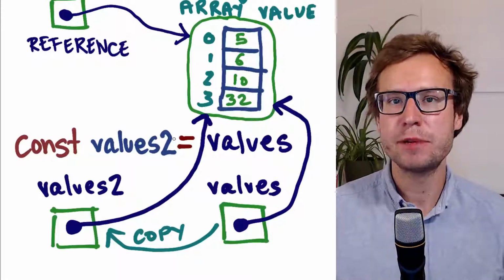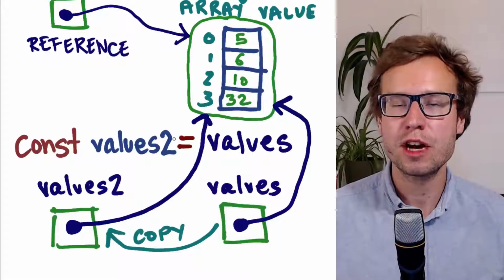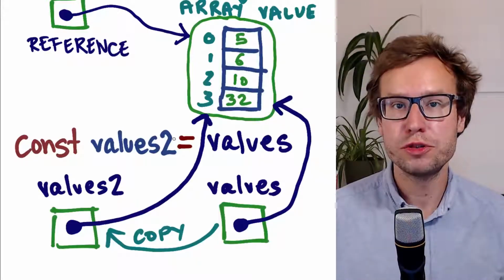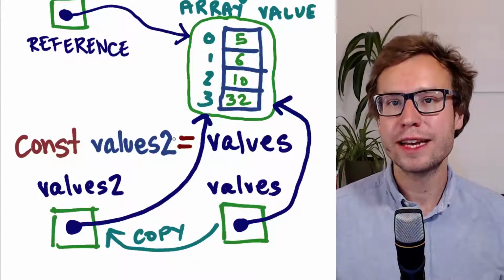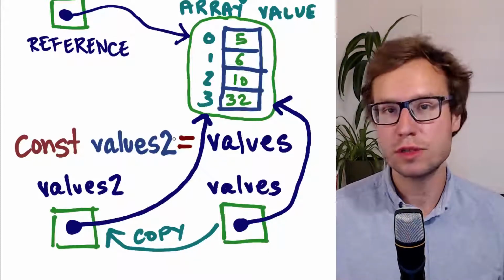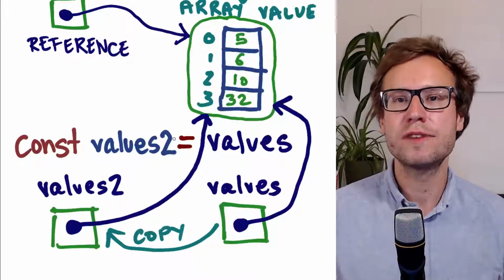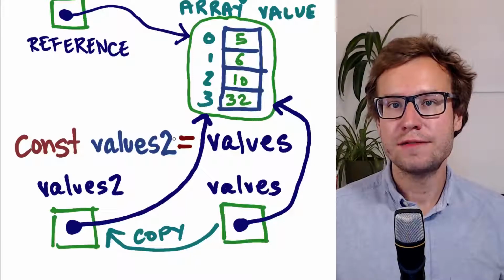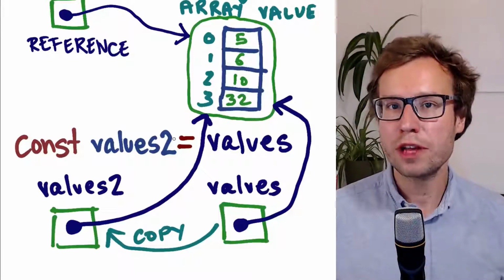So that's a summary of this concept of assignments that happen for so-called primitive values. These assignments happen by copying what's in the box, so copying the whole value over into the new variable. However, with values that aren't so-called primitive values, so that includes arrays, objects, and functions, it's not the value itself that gets copied. It's not the array or the object or the function.